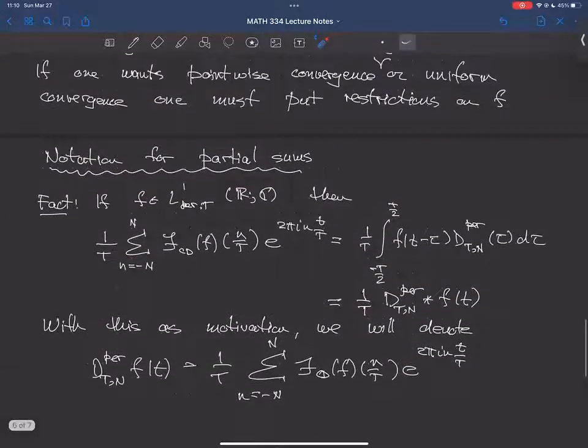It's very much connected to the fact that these partial sums are expressible as a convolution of something that seems like it has some approximate identity-like properties, right? Remember that the Dirichlet kernel did have this focusing behavior as n gets larger, okay?